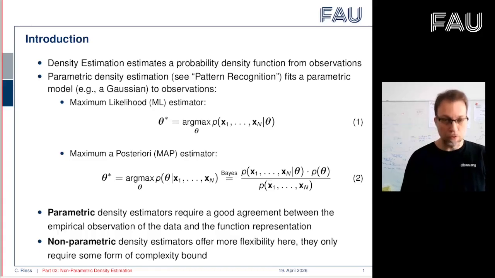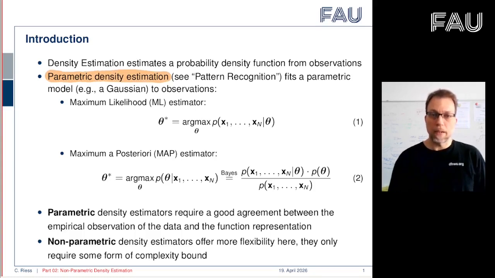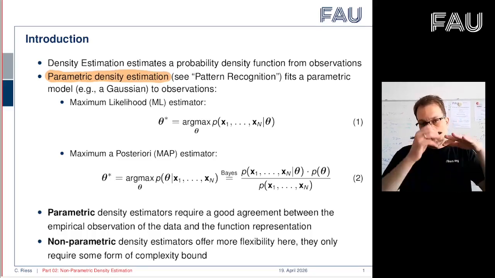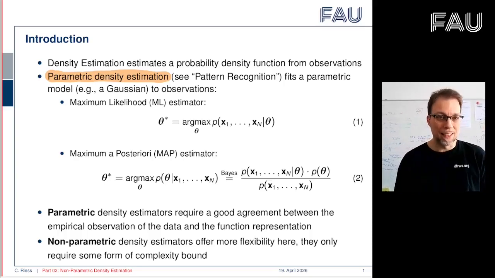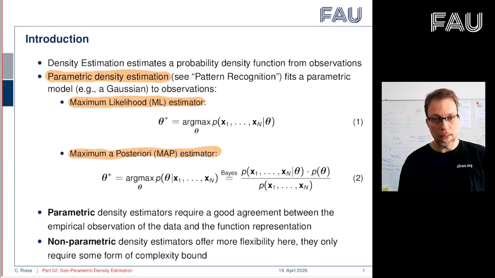We already know from pattern recognition the so-called parametric density estimation. The idea there was to use a parametric function model, for example, a Gaussian or some other function with not too many parameters ideally, and then either use a so-called maximum likelihood estimator or a maximum a posteriori estimator in order to fit these parameters.